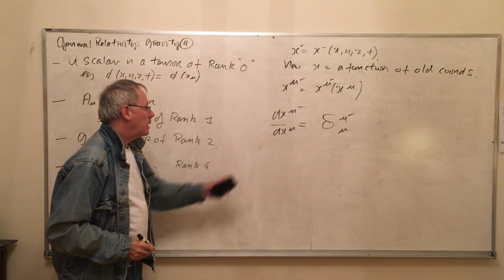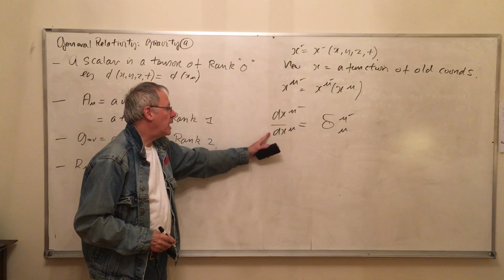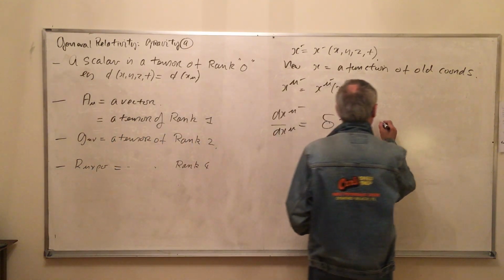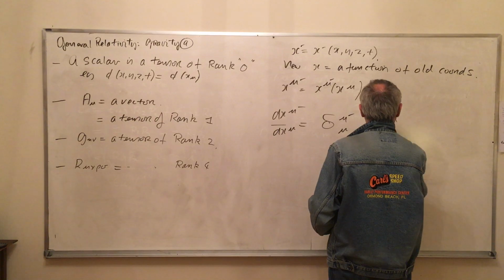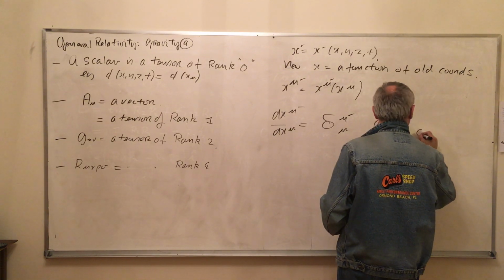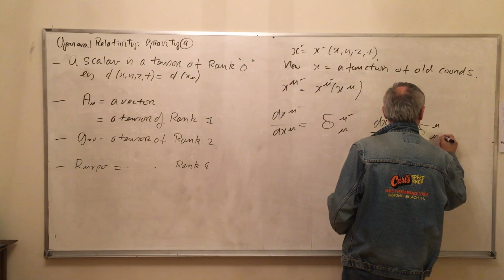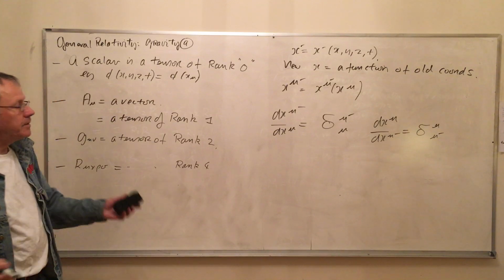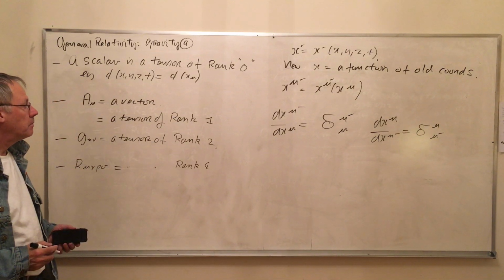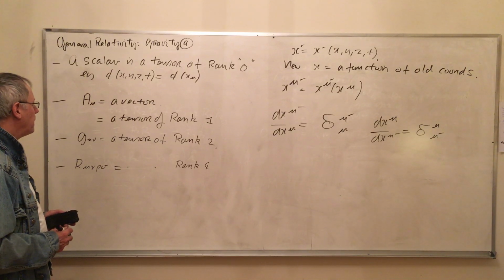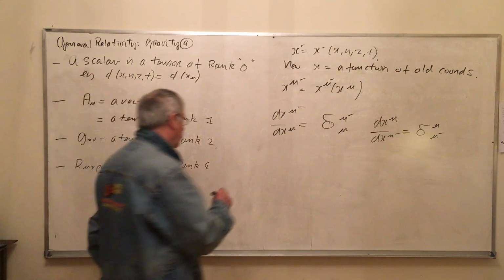Now we can show that dx mu by dx mu dash is the Kronecker delta, and similarly for that one here. I'll do that as a short example. I don't have time, YouTube is running out. I just want to get into the idea of why a vector is going to be a tensor of rank 1.